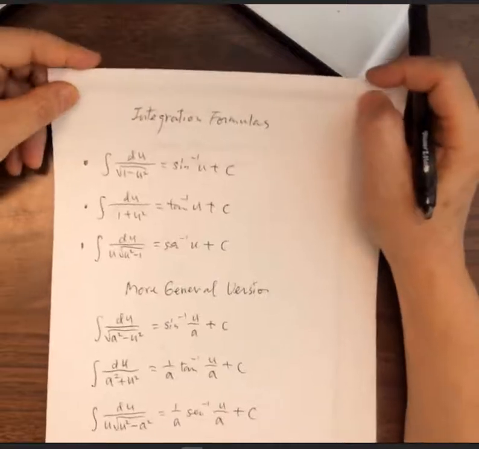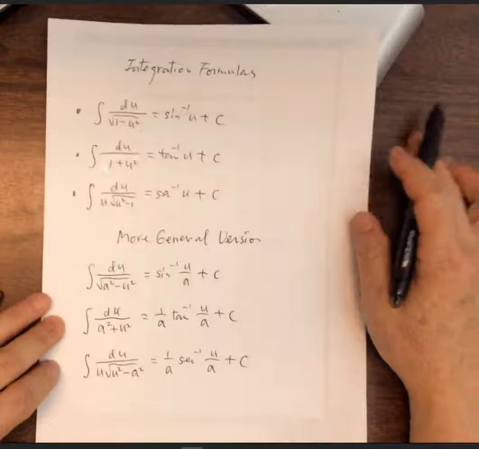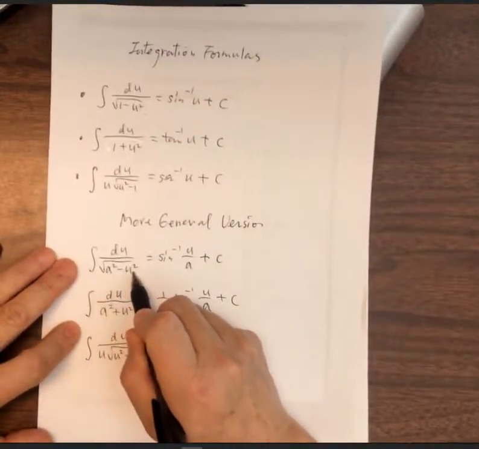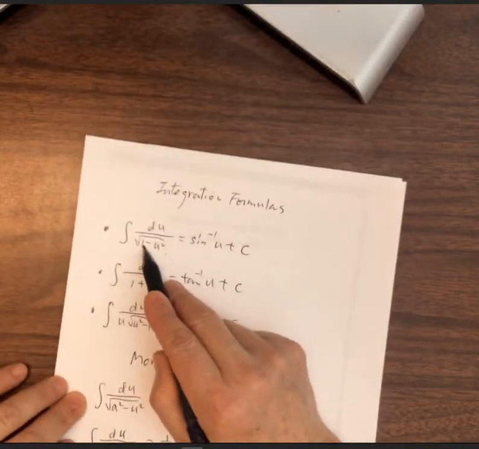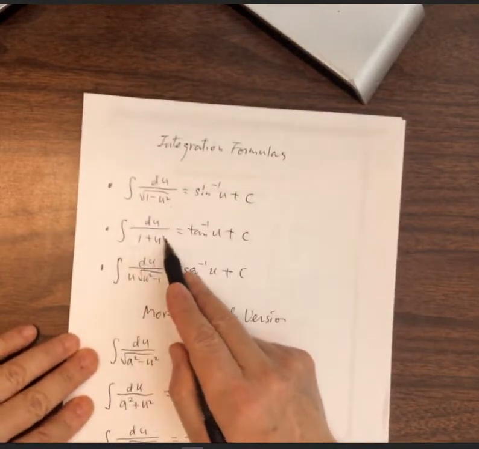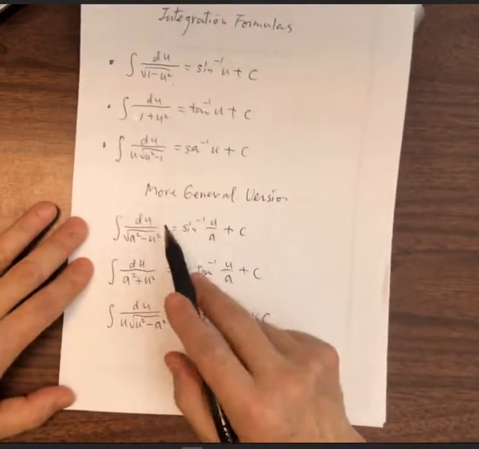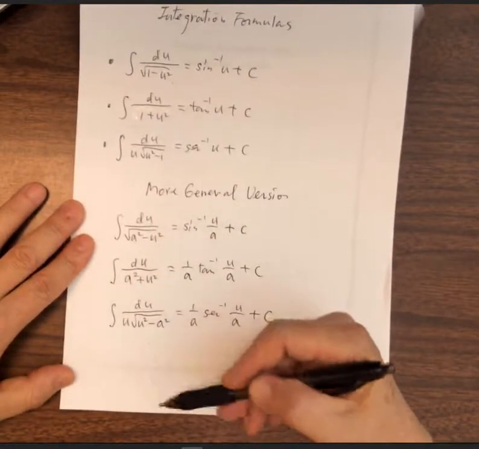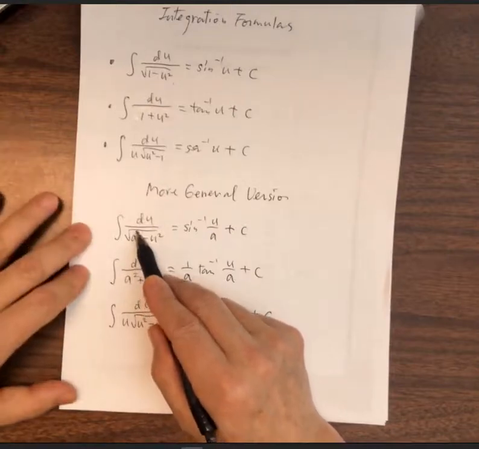When we integrate similar structures, more often you see a number minus u squared, so it may not be just simply 1. Rarely would you see 1 minus u squared or 1 plus u squared or u squared minus 1. It's better to become familiar with what I call the more general version of those formulas. So you have a positive number here, that's what I mean.